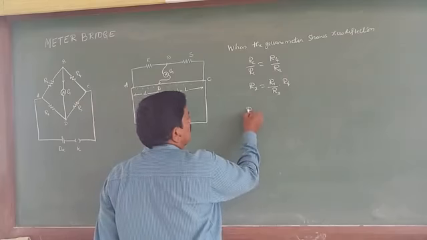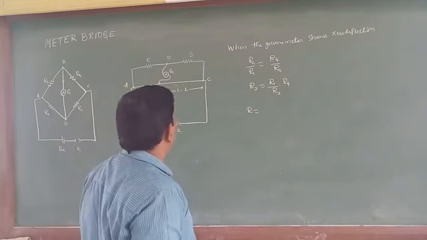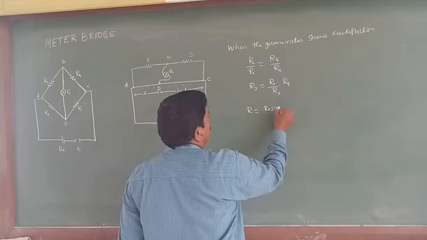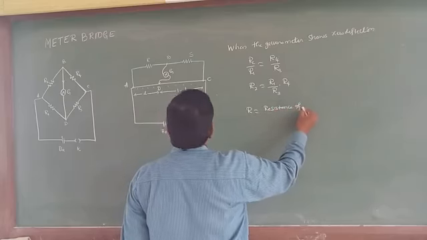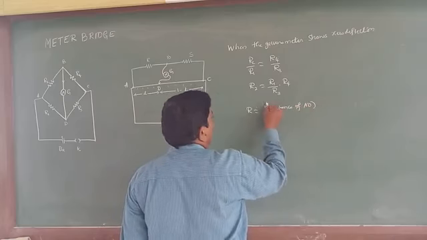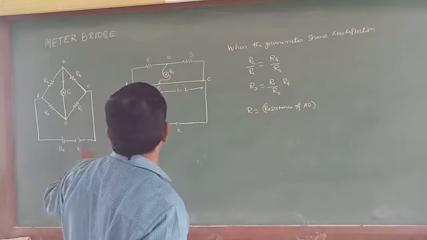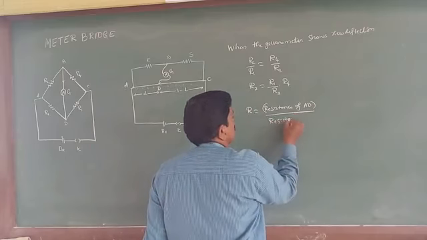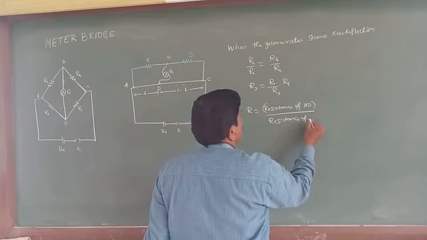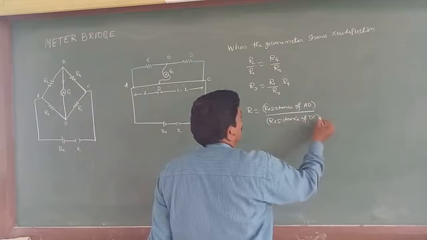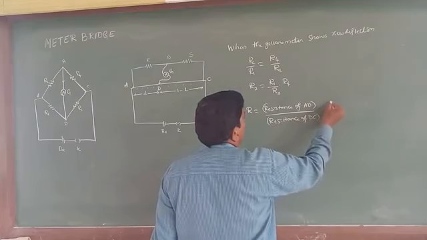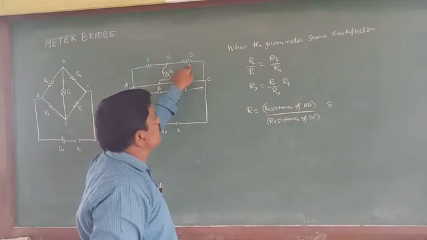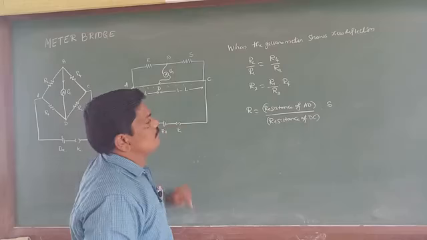So I will write R equals R1, which means the resistance of AD, upon R3, which means the resistance of DC, into R4, which in place of R4 we call S, the standard resistance.